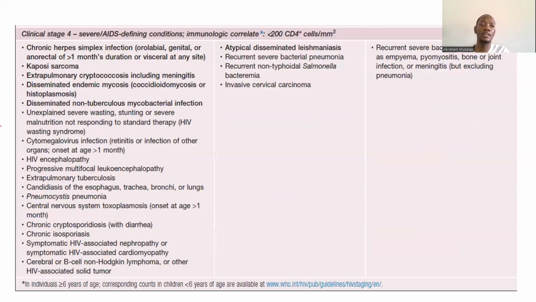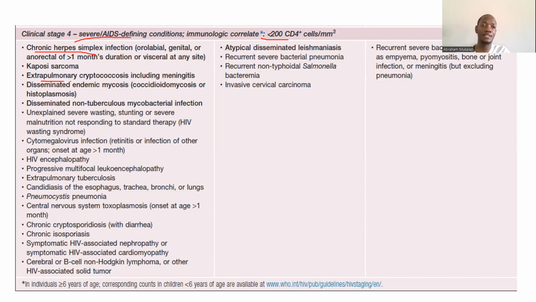Then in stage 4, where we say severe AIDS, in this case you have the AIDS-defining conditions where your CD4 goes below 200. And in this case, you'll have people having chronic herpes simplex infections.